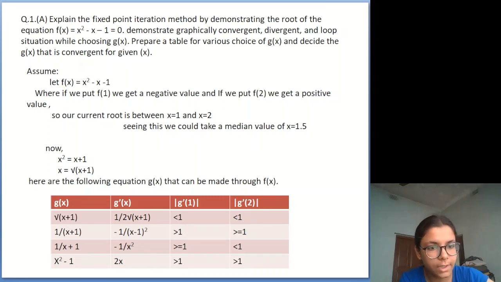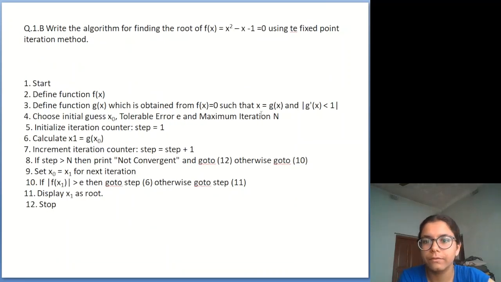In the same way, we have to find the x equals g(x) so that I can create my table and make sure that the derivative of g(x) that we are going to make is always less than 1. And after doing that, we have to choose an initial guess. Obviously the initial guess, the median value that I took, was 1.5 for this, and then an error e, and a maximum iteration n.